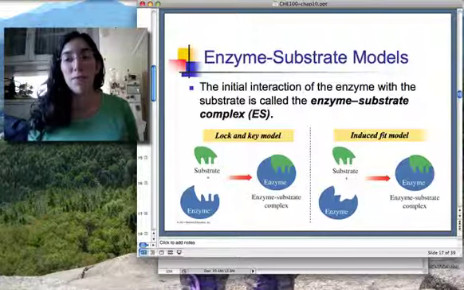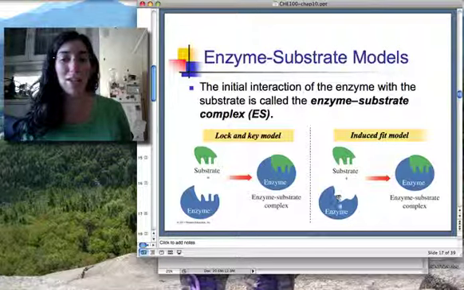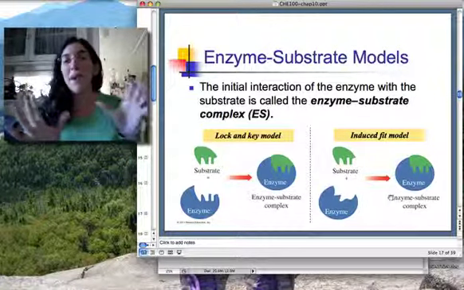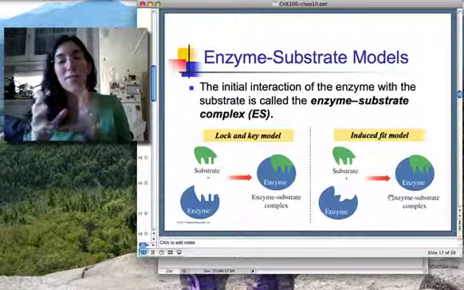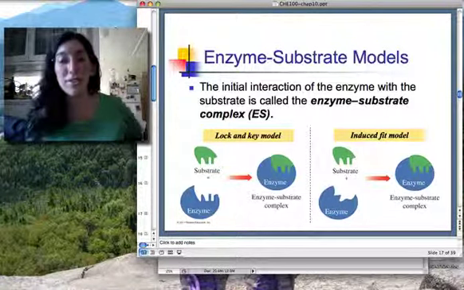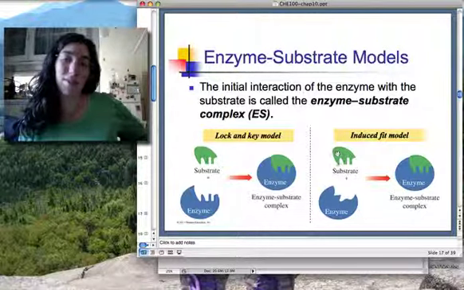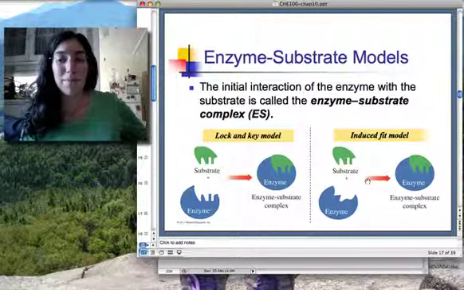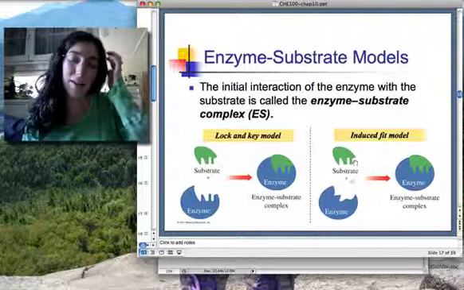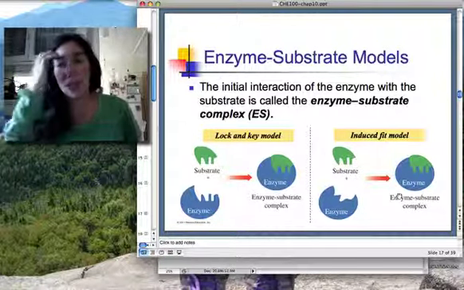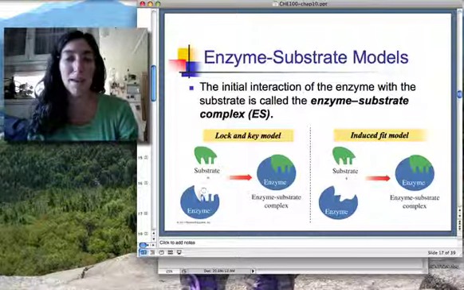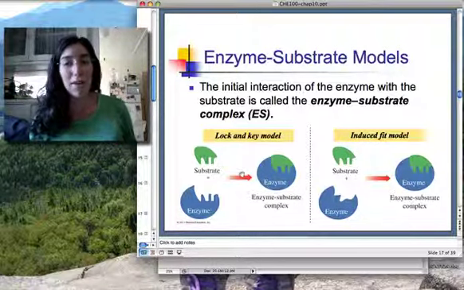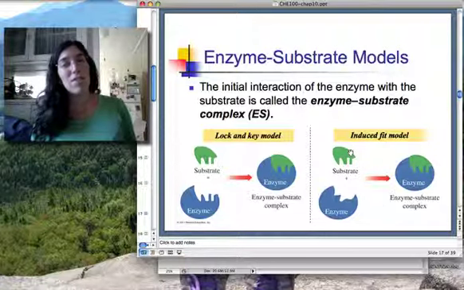The induced fit model states that when the proper substrate gets close, the enzyme actually changes its shape in order to fit the substrate, so that the fit is induced by the presence of the substrate. Different enzymes follow different ones of these models. Both of these models are thought to be correct: some enzymes function using the lock and key model, some function using this induced fit model.